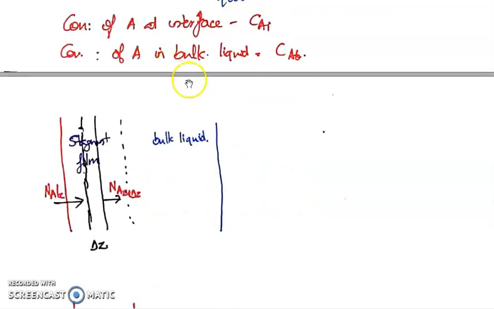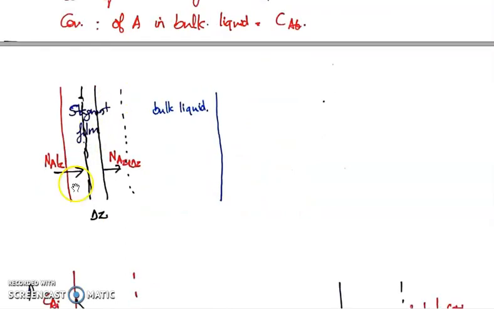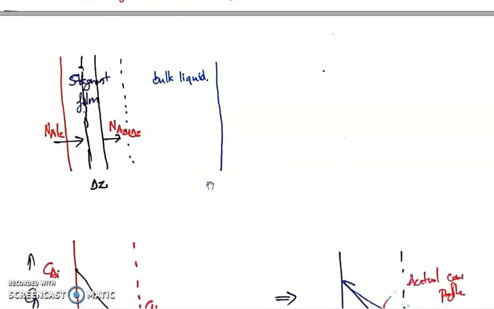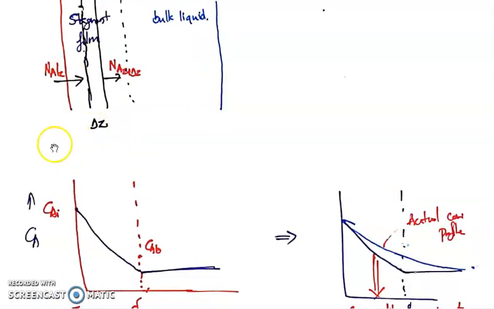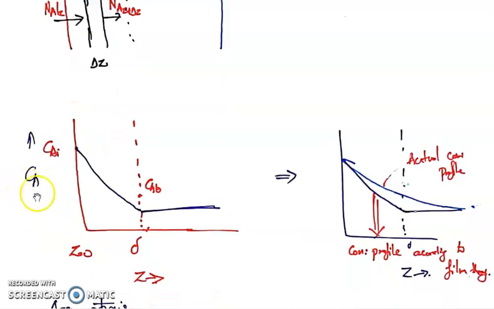So let us try to model the system here. So we have the interface. This is the interface what you see here, and this is the stagnant film of liquid. This is the bulk liquid, and the molecules of A are moving from the interface to the bulk liquid. So let us try to understand the concentration. We have CAI.